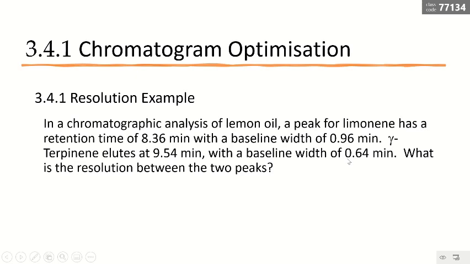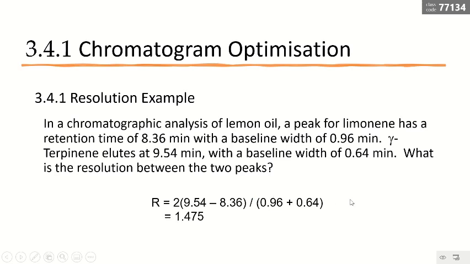If this peak width is 0.64 minutes, basically on the x-axis where the unit is minutes, how good is the resolution? We just use the previous page's formula to calculate it.